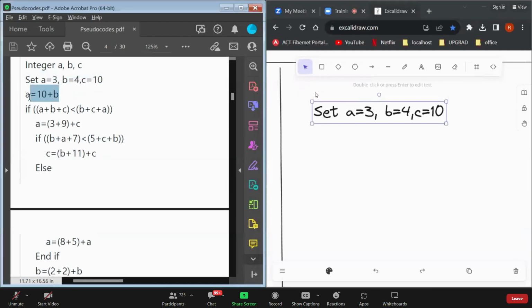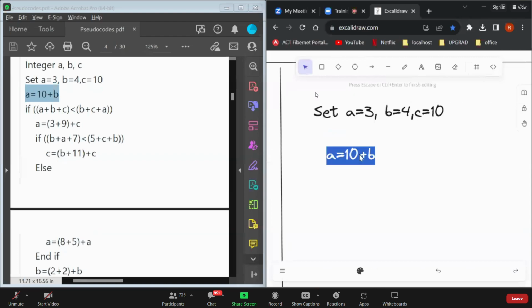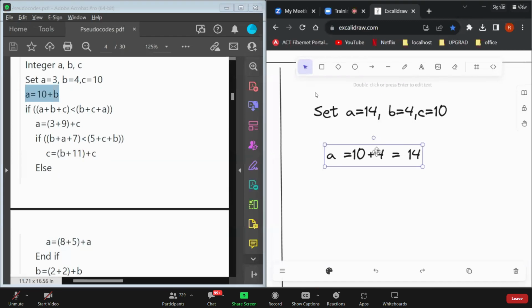The first statement is a equal to 10 plus b. The value of b is 4. So 10 plus 4 is 14. The new updated value of a is 14. So I'll update this here: a equal to 14, b equal to 4, c equal to 10.